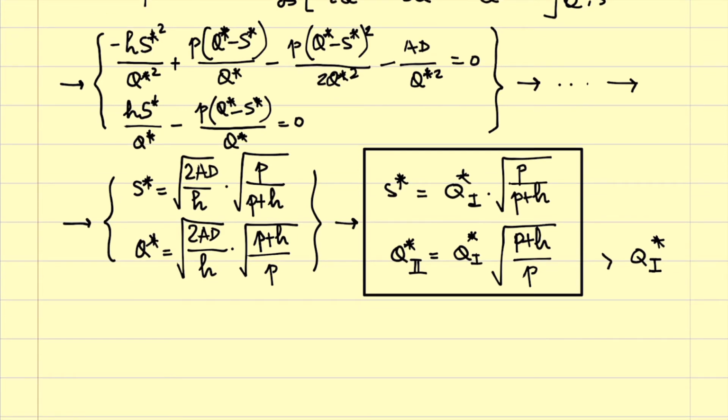Okay? We find then this is the supplier model, the economic order quantity 3, or manufacturing model.